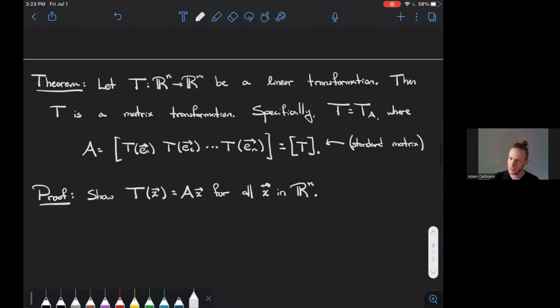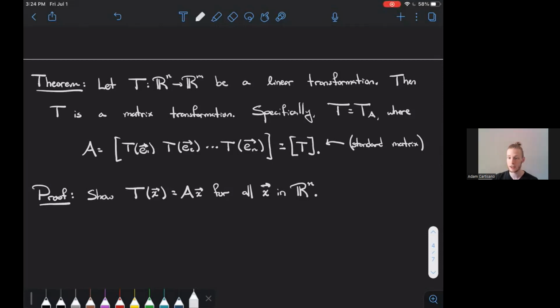But first, we have to go the other direction. So the next theorem says that if T going from Rn to Rm is a linear transformation, then T can be expressed as a matrix transformation. There's a matrix that you can write down which does the job that T does when you do multiplication. And to get your hands on that matrix, all you do is use the transformation T on all of the standard basis vectors, all n of them.